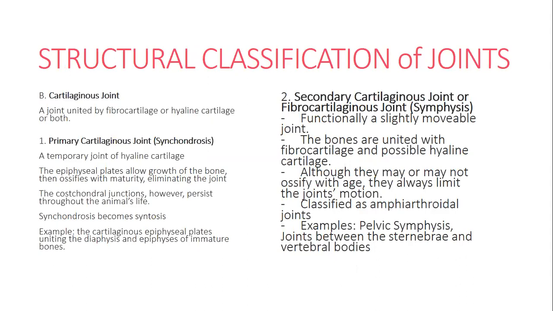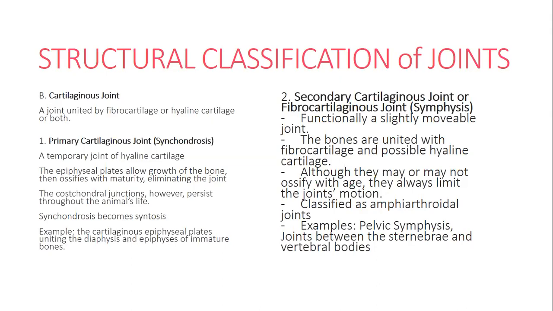Another one is the cartilaginous joints, joints united by either fibrocartilage or hyaline cartilage or even both. They're classified into 2: the primary cartilaginous joint or synchondrosis, and the secondary cartilaginous joint or fibrocartilaginous joint or symphysis.